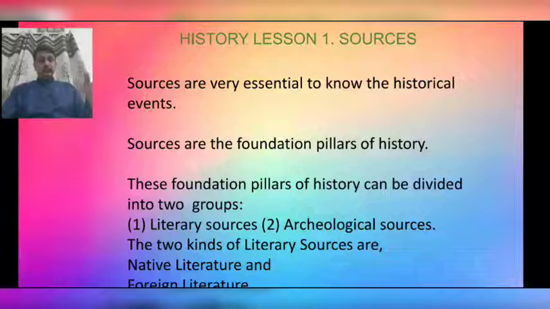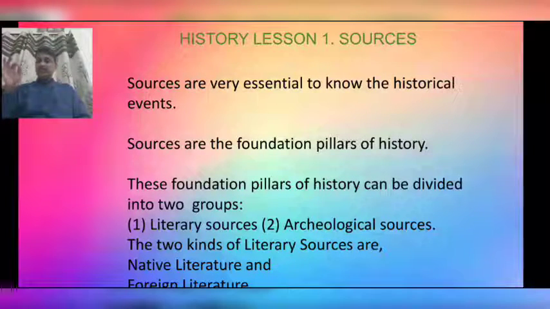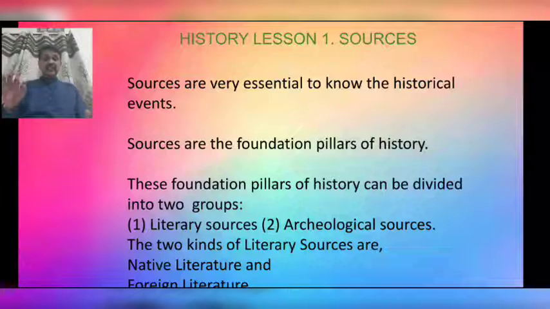If the things used by human beings in the past have remained, then they are called sources by historians. Hence, the agricultural tools left by earlier people, forts, coins, inscriptions, arms, temples, and other religious buildings are considered as sources to write history.